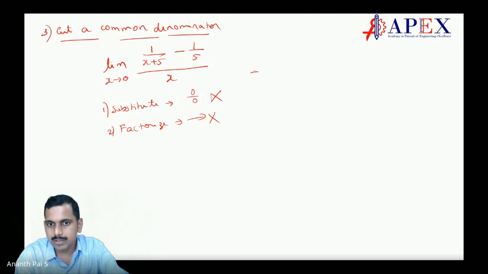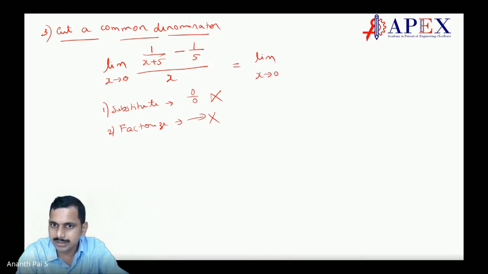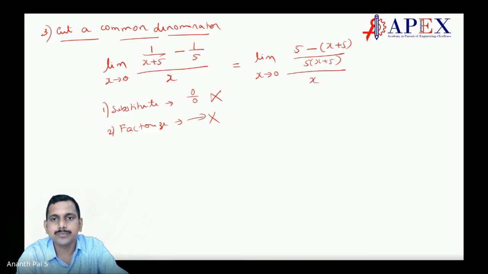Okay, so this can be equal to limit. This generally you will do naturally, students. Limit x tending to 0, of 5 minus (x plus 5), divided by 5 into (x plus 5), divided by x. I don't have to tell you this, is it not?